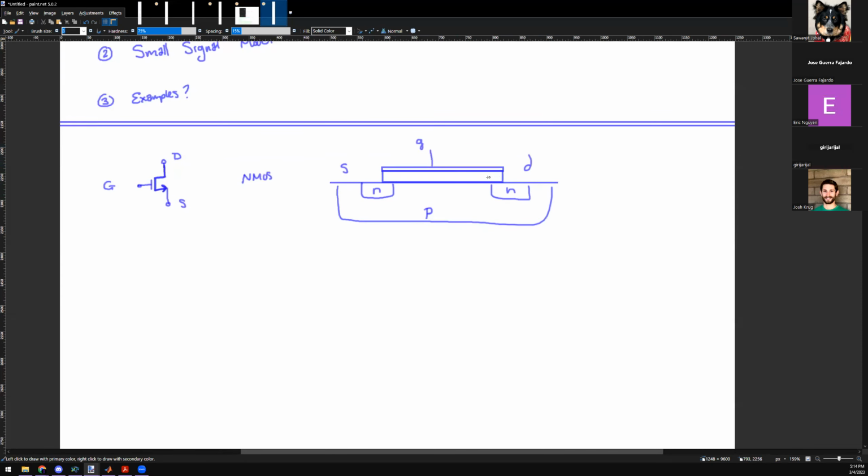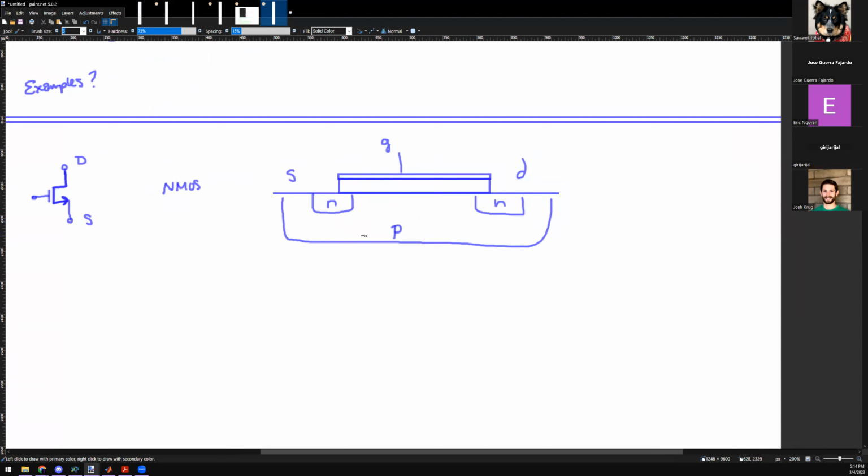Okay. So what happens here is that the P well is, let's say, more positively charged. The N well is more negatively charged. That is to say that electrons have a much easier time flowing in the N region, and holes, or the lack of electrons, have a lot easier time flowing in the P region.